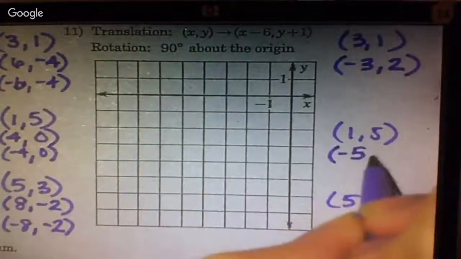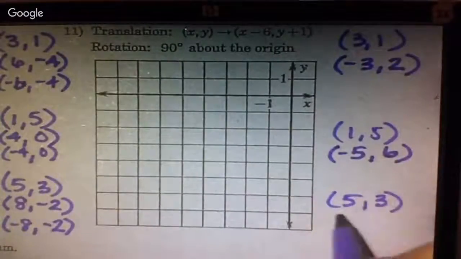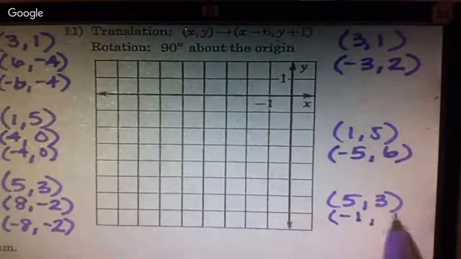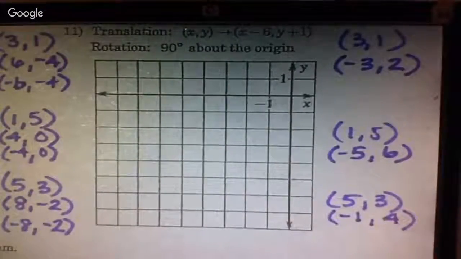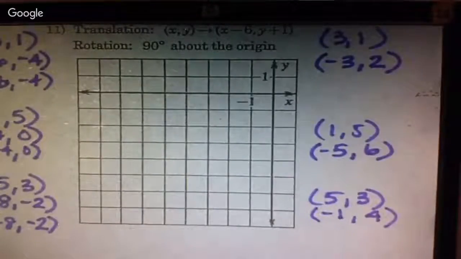Negative 5, positive 6. Negative 1, positive 4.